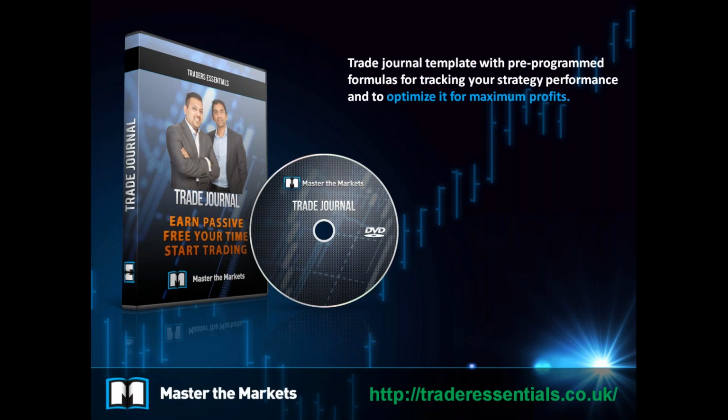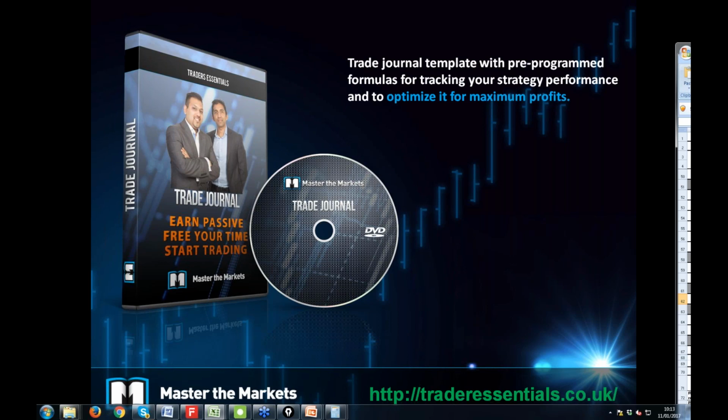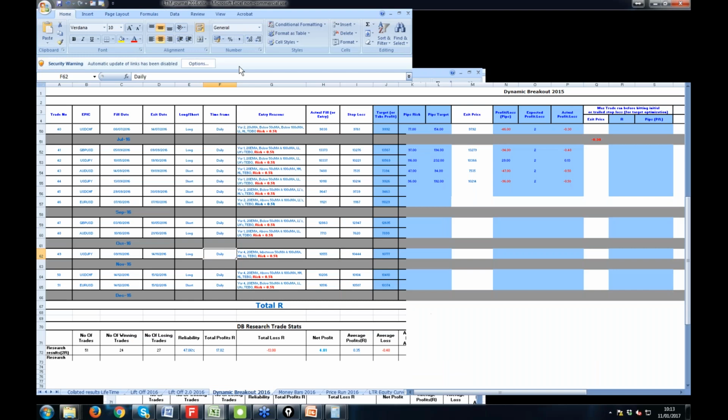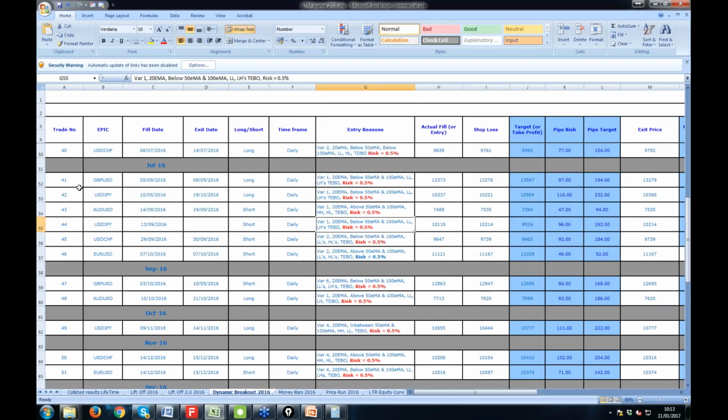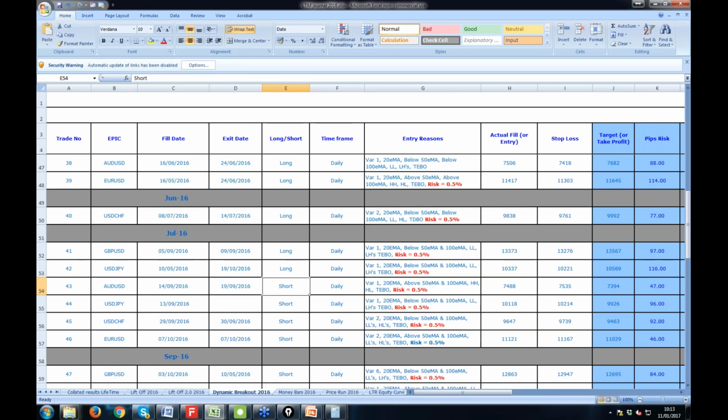Everything that we're doing here is very much based on templates and journals that we use all the time in real time. So I'll give you a very quick example of the journals that we do use. If you look, for example, at our trade journal just here, you can see that we're able to capture all of the information that we need to do any kind of research.